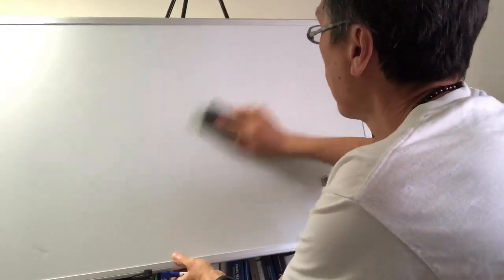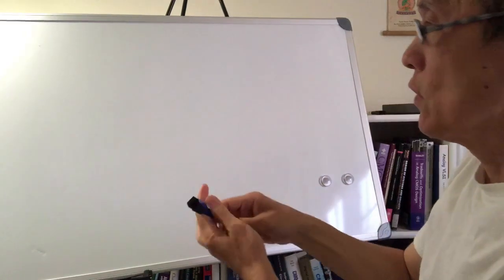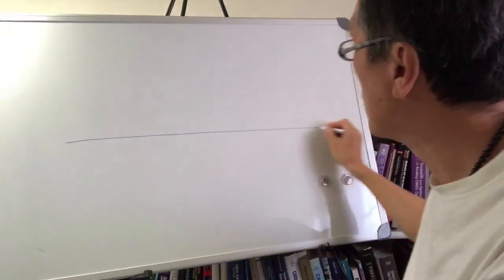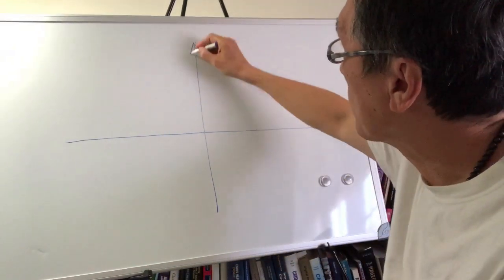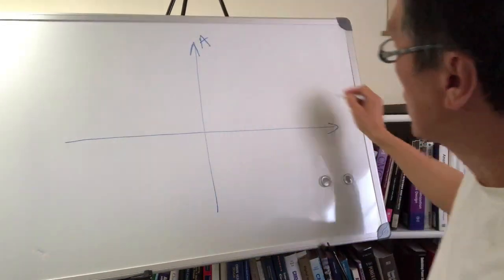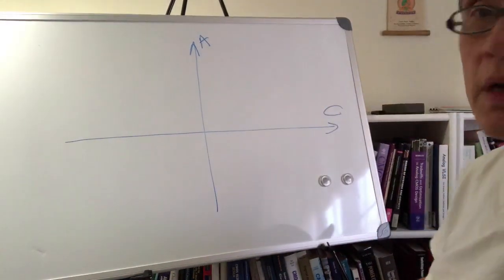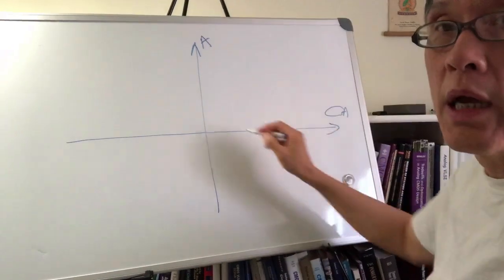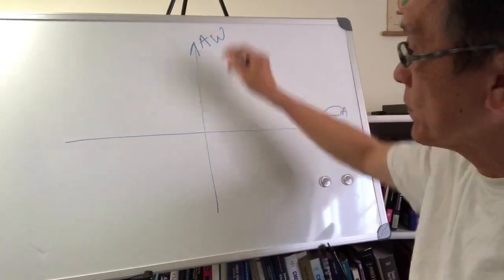This is the calmness and awareness map. This is awareness, and this is the calmness.